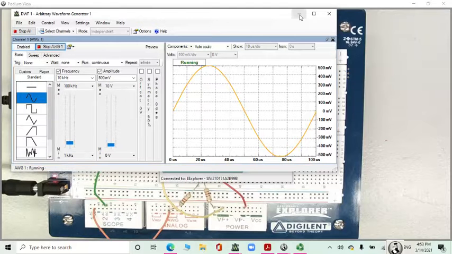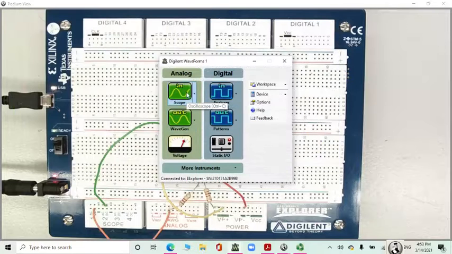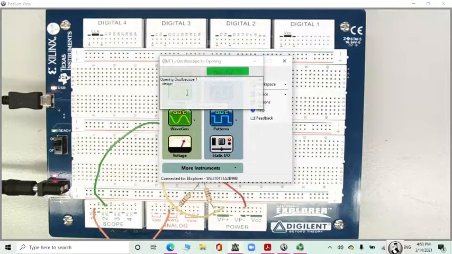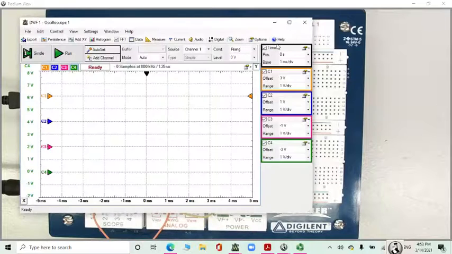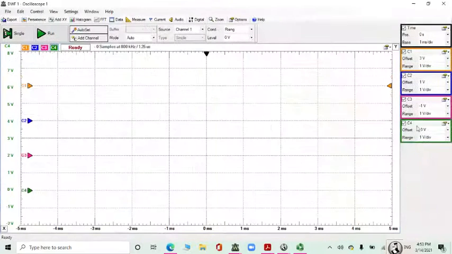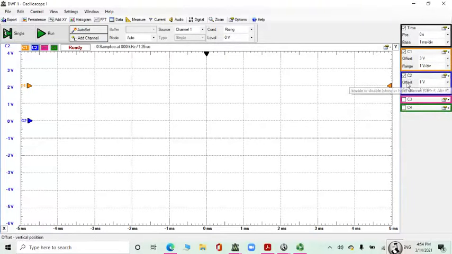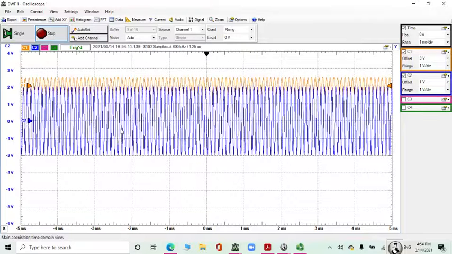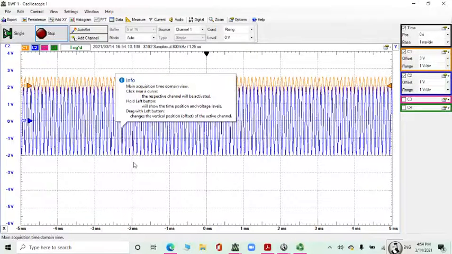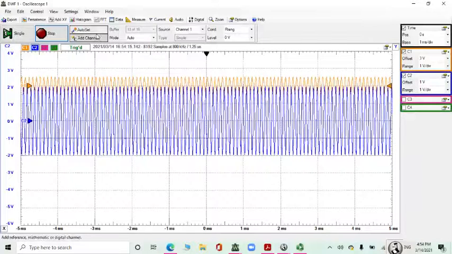Now it's running, and we will go to the scope and choose channel 1 and channel 2 only. So just keep channel 1 and channel 2 and uncheck the boxes for channel 3 and 4. Now run. Okay. As the first step, we click on auto set.